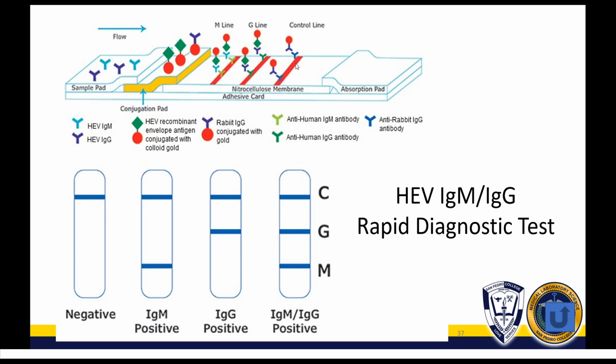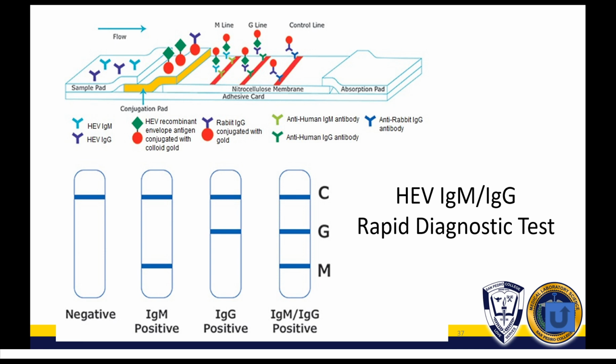Because the line here is due to the reaction of the rabbit IgG conjugated with gold that is captured by the anti-rabbit IgG antibody impregnated in the C region. Now, the C region here serves as a control check.